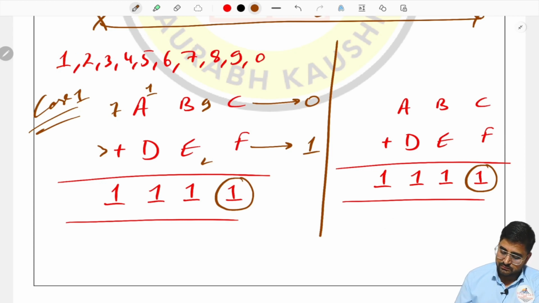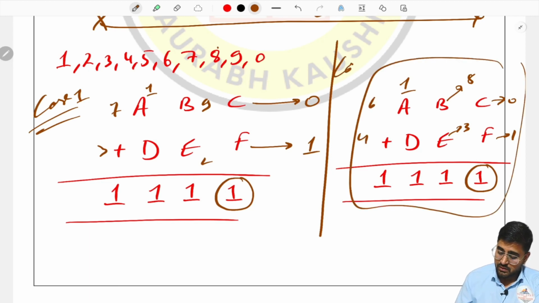One more case, then we will go to the next question. For example, we take 0 and 1 here again. Now try to make 11 here. How can you make 11? 8 plus 3, it becomes 11. 1 carry forward. For example, you can take 6 and 4. Again a new case comes.